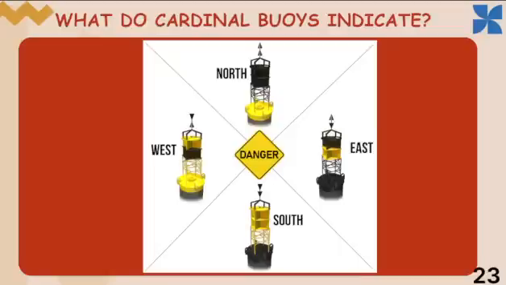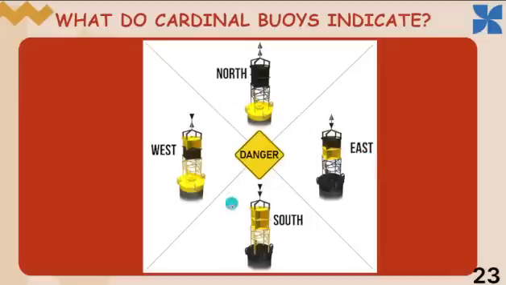As you can see in our image, the north shows two black cones, both pointing upwards, and black on top, yellow on the bottom. So that's the north buoy indicator.